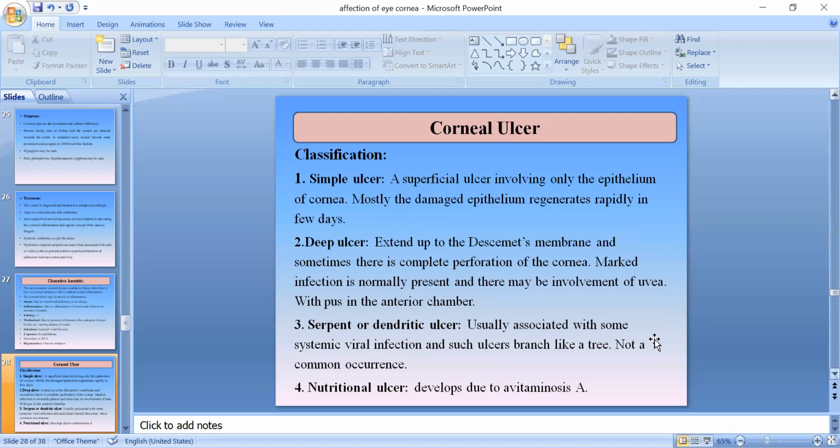Deep ulcer affects the inner layer of the cornea, that is Descemet's membrane. Serpent and dendritic ulcer are usually associated with systemic viral infection, and the ulcer looks like a branch or tree, that's why it is named dendritic ulcer. Nutritional ulcers are due to avitaminosis.